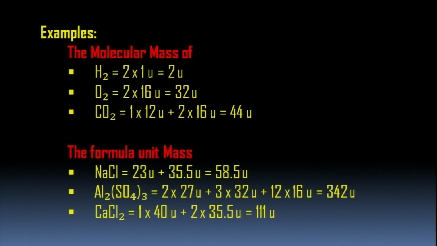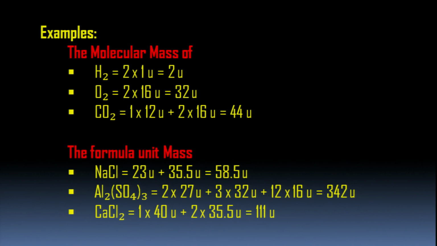Al2(SO4)3, aluminium sulfate. Aluminium, what is the atomic mass? 27 u. How many atoms of aluminium are there? Al2 means 2 atoms, 2 into 27 u. Then we are adding, see here children, SO4 bracketed whole thrice means S has got 3 atoms and O has got how many atoms? 4 into 3, that is 12 atoms.